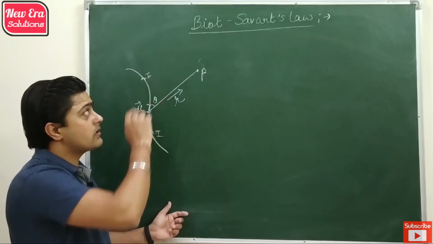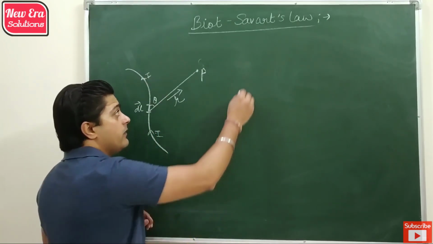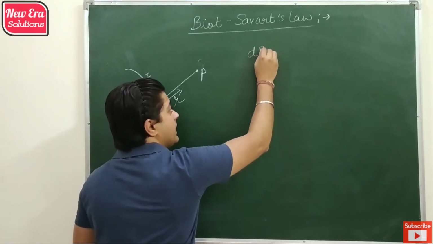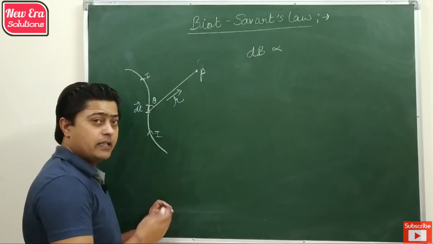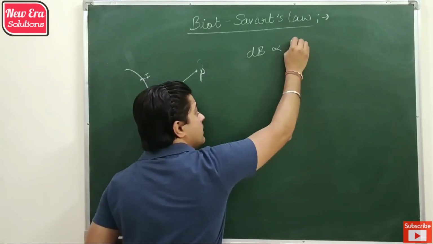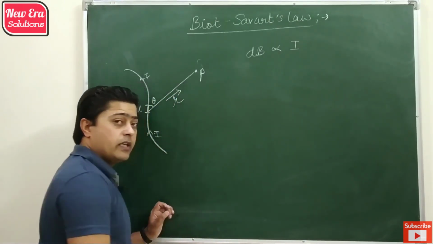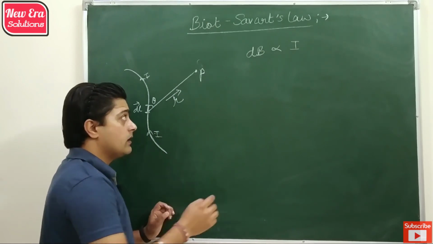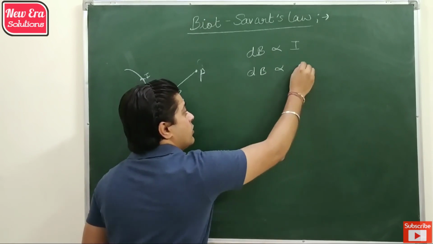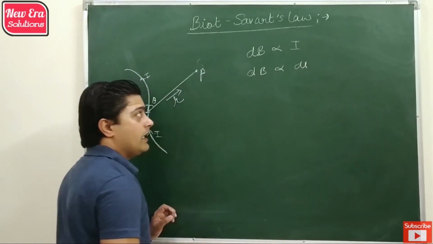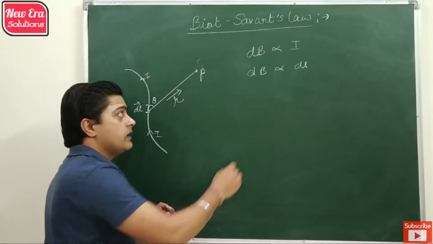As per the statement of Biot-Savart's law, the small magnetic field due to the small current element is, number one, directly proportional to the amount of current flowing through it. Number two, it is also directly proportional to the small length of the current element.